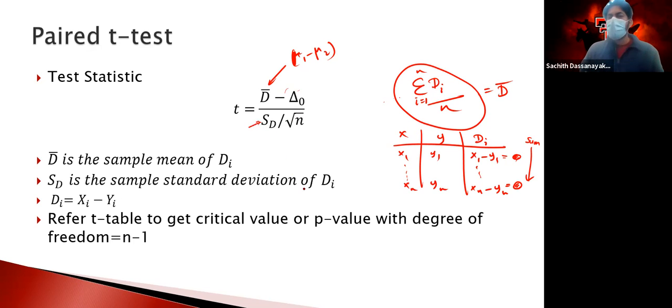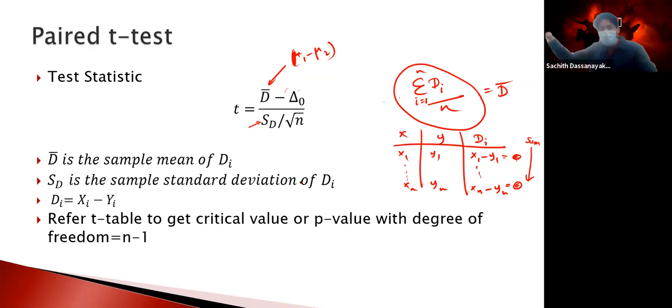What about this SD? You have to calculate it as the sample standard deviation. Do you remember that equation? The summation of xi minus something, squared, divided by n minus 1.